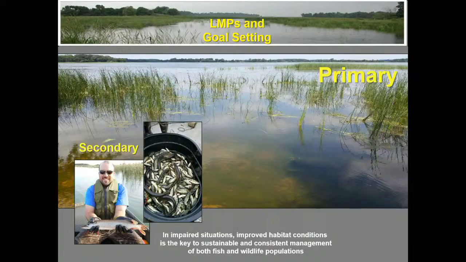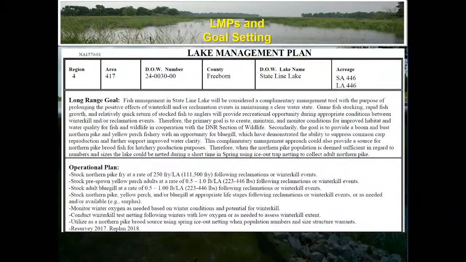As we're doing these management plans, this is an example of one. The biggest part is this long-range plan. The first sentence is kind of the best: fish management on state land lake will be considered a complementary management tool with the purpose of prolonging the positive effects of winter kill and reclamation.